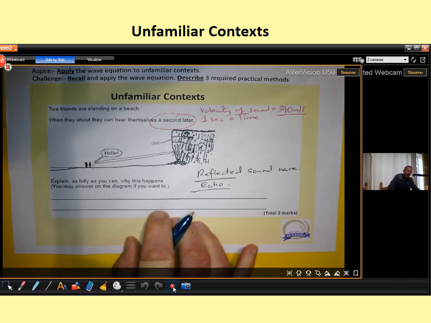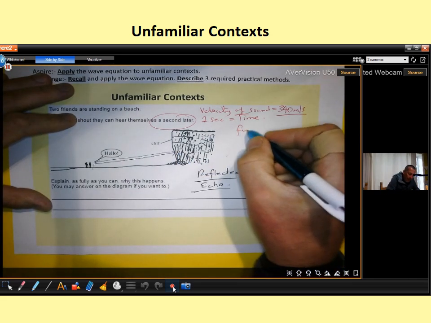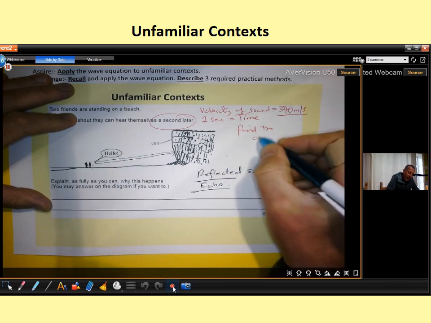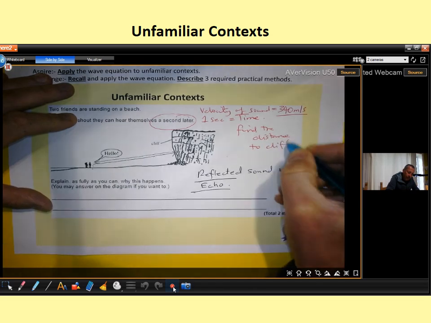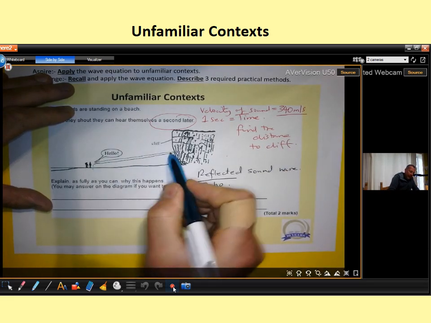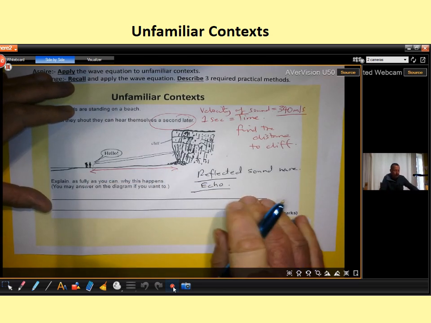So we'll take that as the velocity. What we're going to do in this question, we're going to find the distance to the cliff. So we're going to find how far they are away from the cliff.